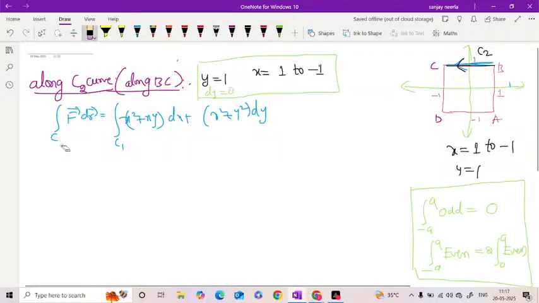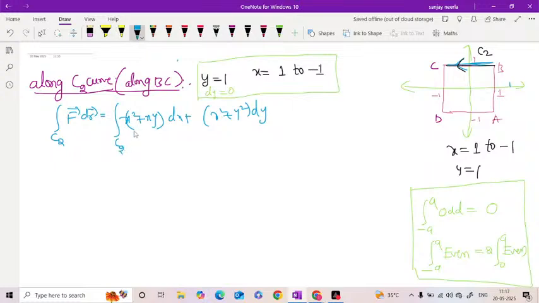Now the second path, the C2 path. Now the integral over C2 of F dot dr, the integral of x square plus xy into dx plus x square plus y square into dy. Now substitute the y value.